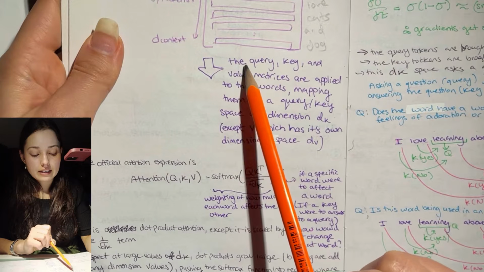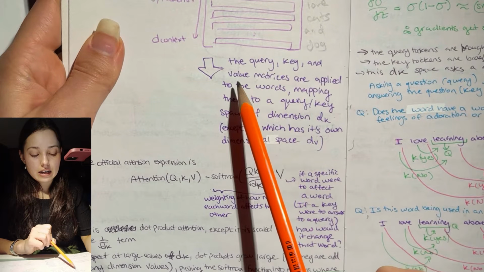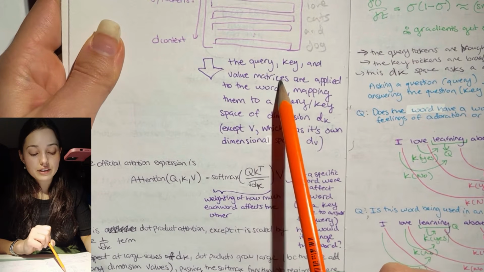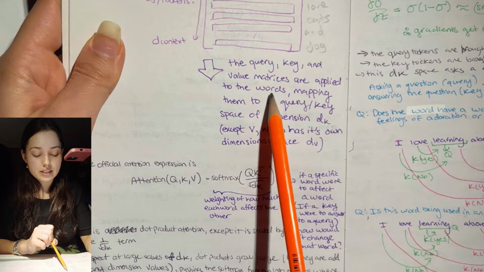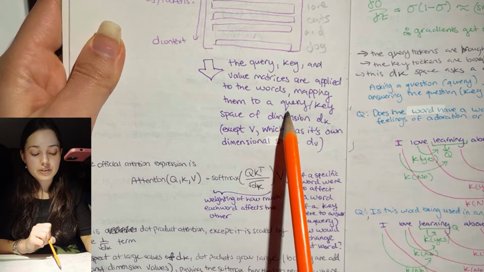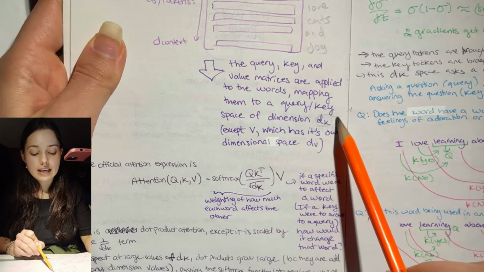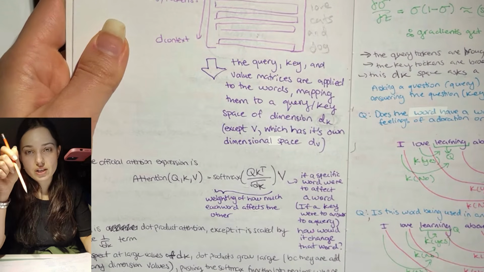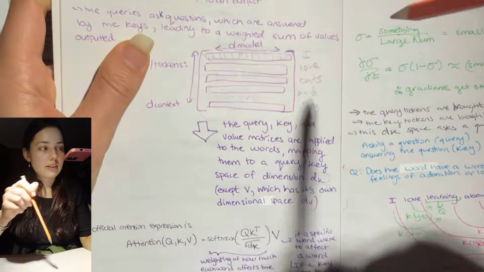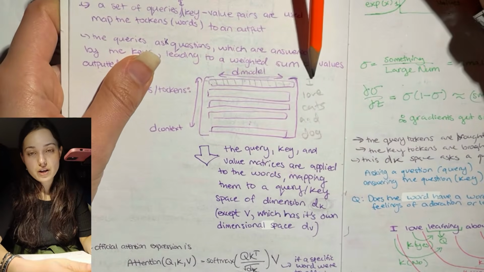And then the query, key, and value matrices are applied to the words, mapping them to the query-key space of dimension dk. Now dk is actually a lower dimension than the input. These were in 512 dimensions.